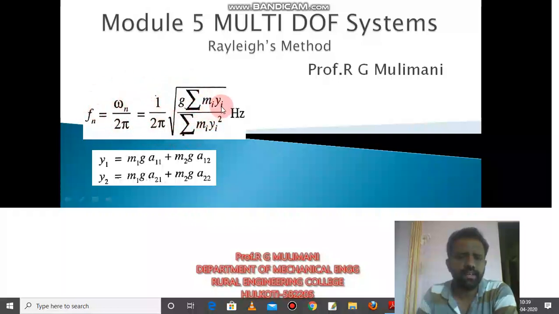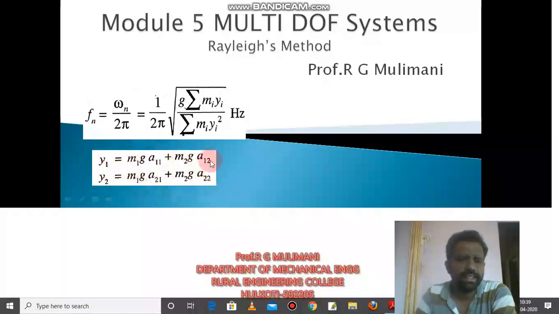How to find y1? To find y1, we are using this equation. For a 2 degree of freedom system, it is m1 g a11 plus m2 g a12. Similarly, the deflection at point 2, at the position of mass 2, is m1 g a21 plus m2 g a22.